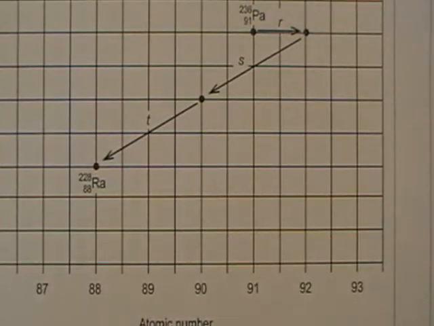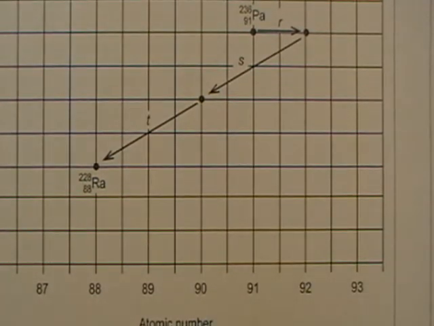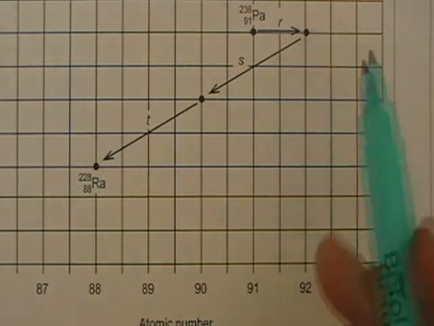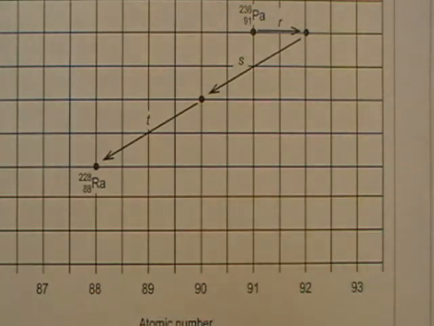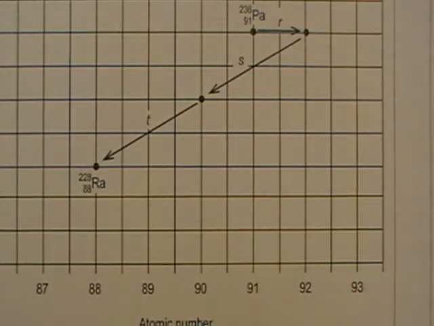The first one there is from protactinium 236, 91, and it's decaying to give you a new element, which I'll just call X. It still has an atomic mass number of 236, but it has an atomic number of 92.